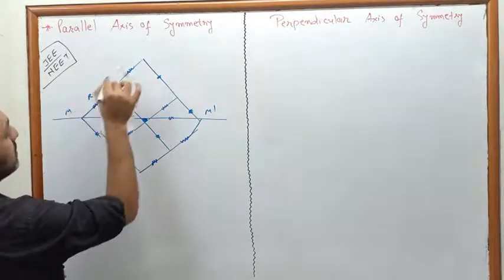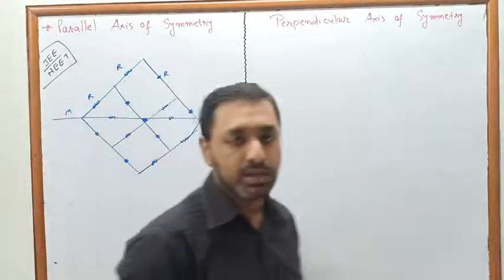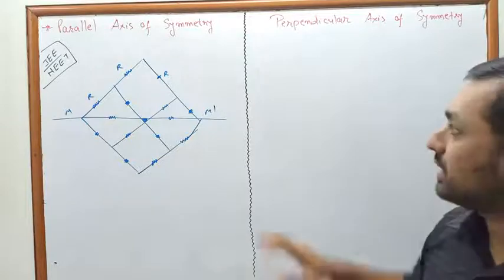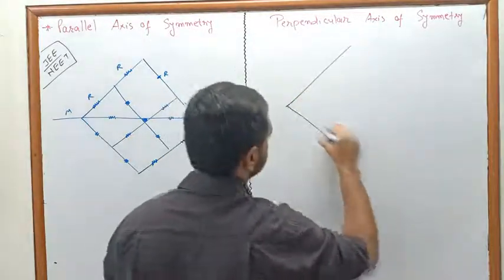Each resistor has value R. I'll draw the same network on this side also.